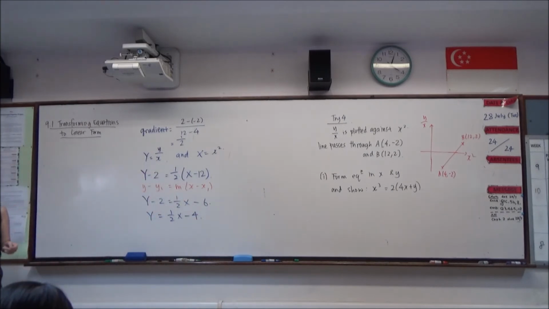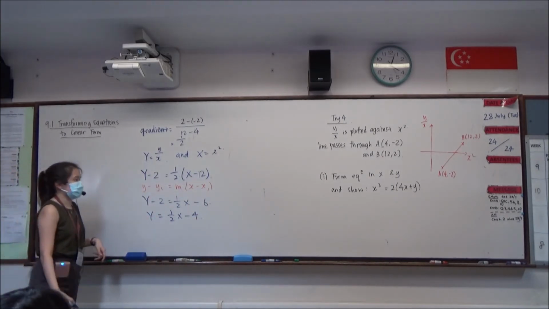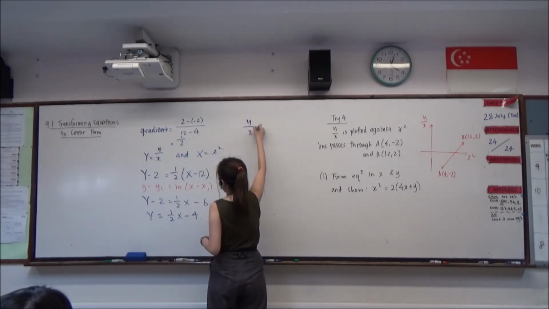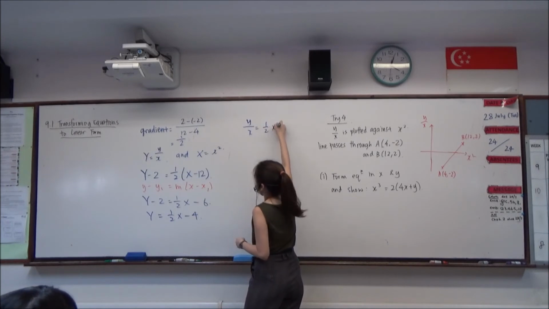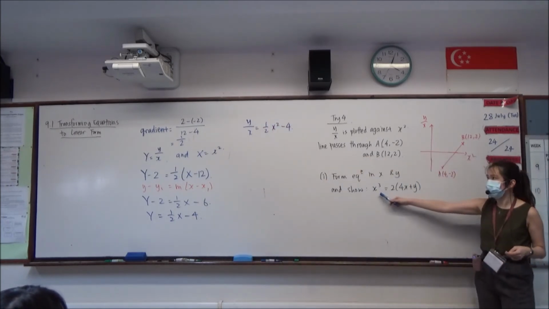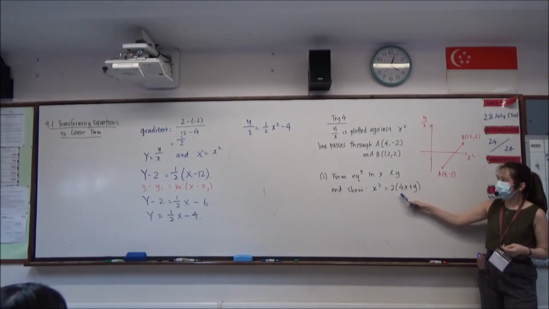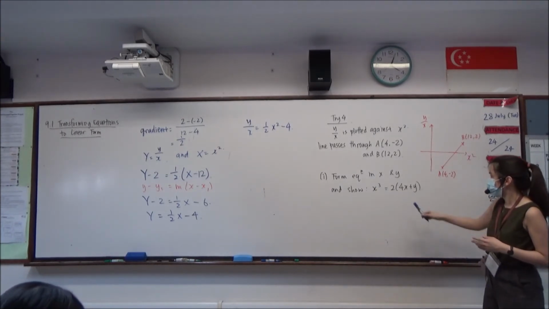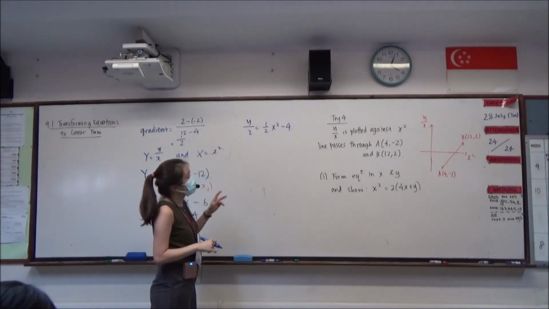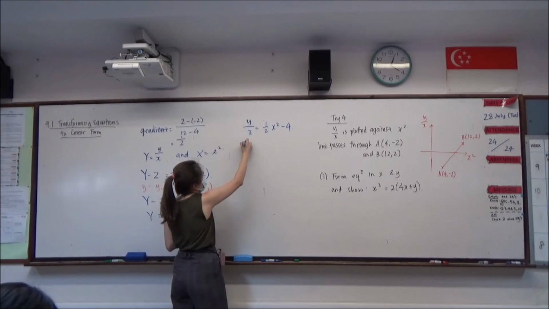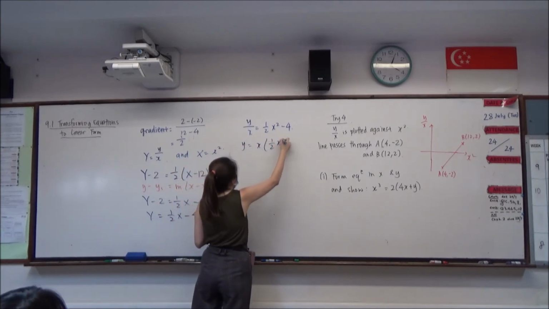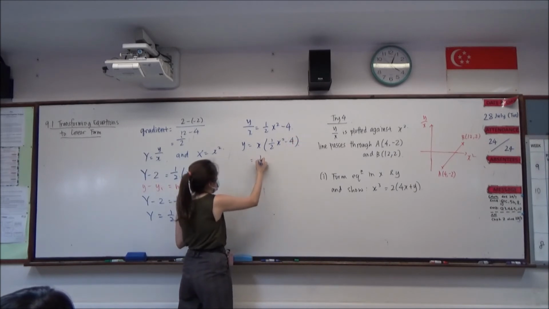Then we replace our big Y and big X. So big Y, we know that it is our small y over x equals half x squared minus 4. Our aim is to have x cubed over here. Maybe we want to get rid of the denominator first. That is done by y equals x times half x squared minus 4.